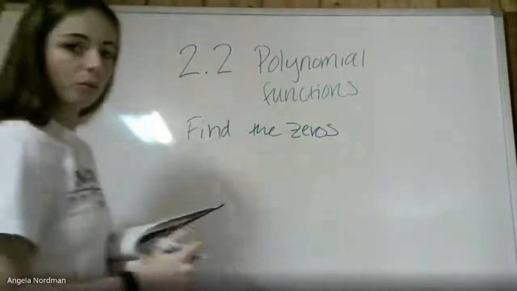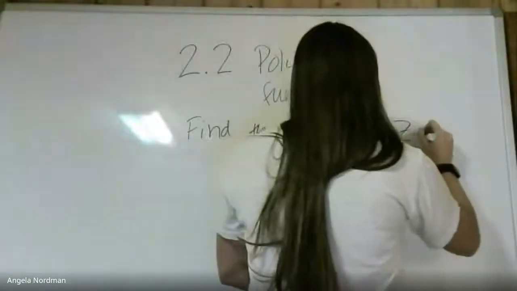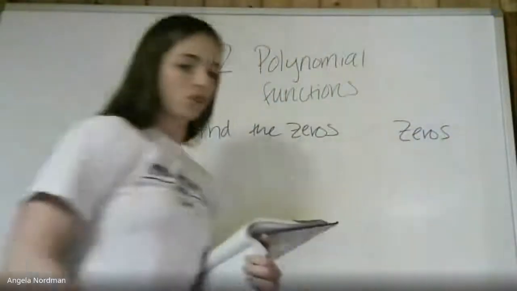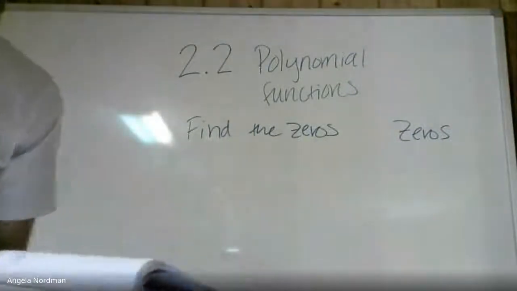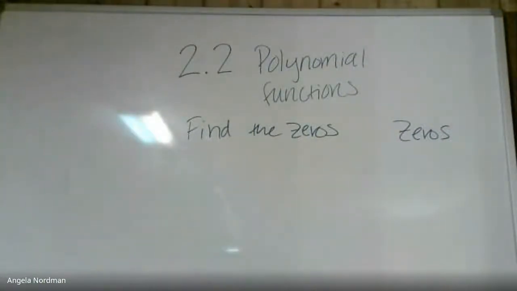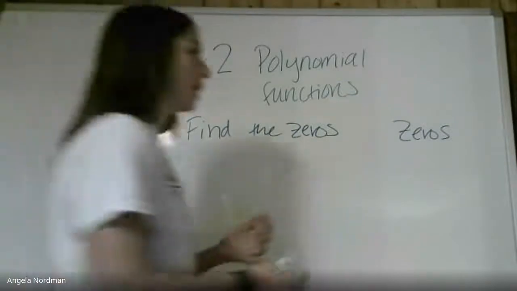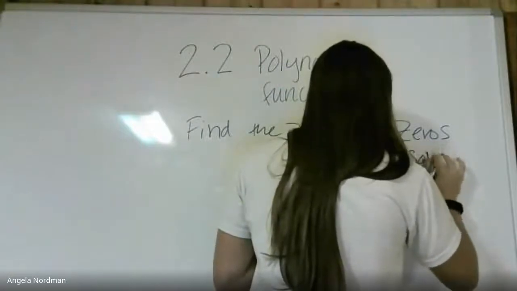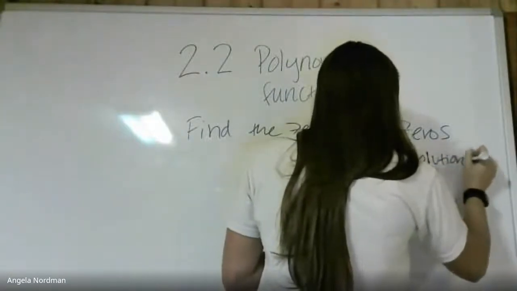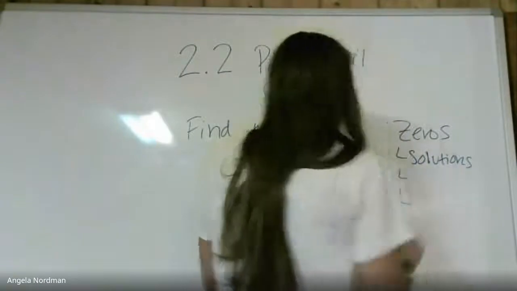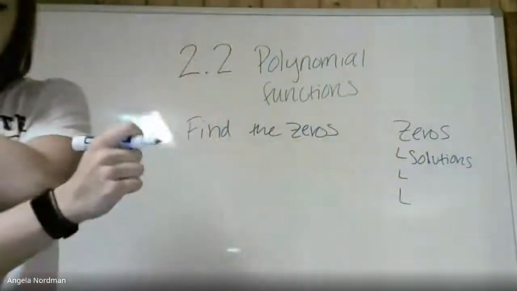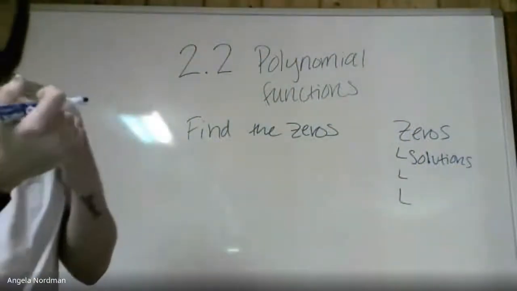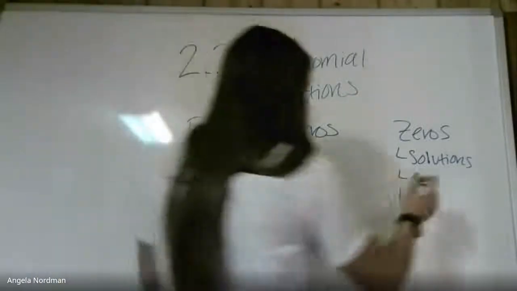One thing I want to really touch on is that zeros of a function is said in many different ways. When we try to find zeros, that is the same thing as finding solutions to the function. It's the same thing as finding the factors, and it's the same thing as finding the x-intercept.